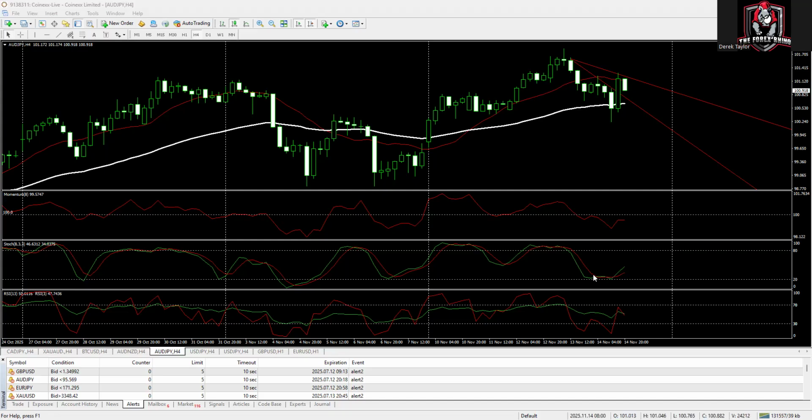Does the stochastic at this particular point give us any indication right now that price is changing? No. It's also saying that volume may be increasing for the upper movement.